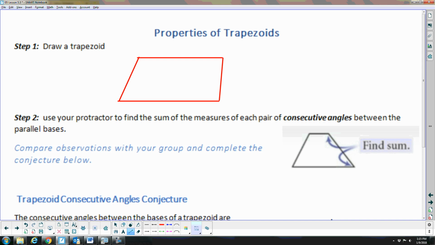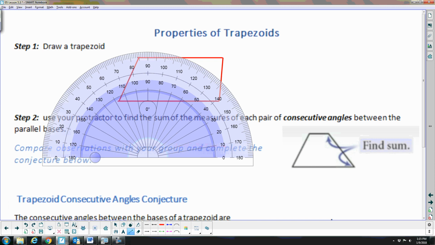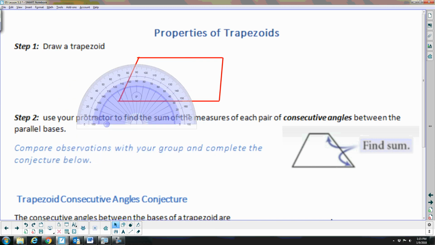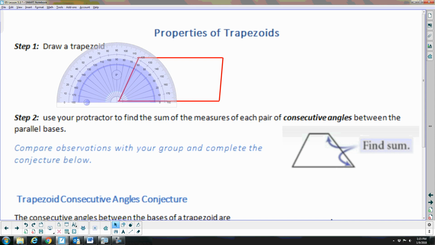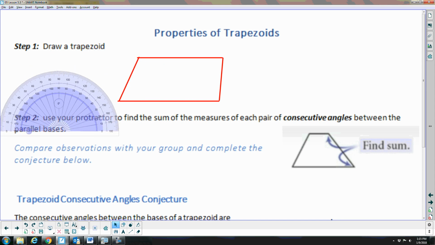And then you should use your protractor to measure each angle and then the sum of each pair of consecutive angles. So I'm going to use my protractor here. All right, and here my first angle is about 65 degrees.